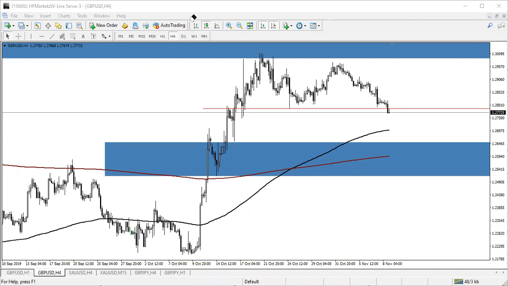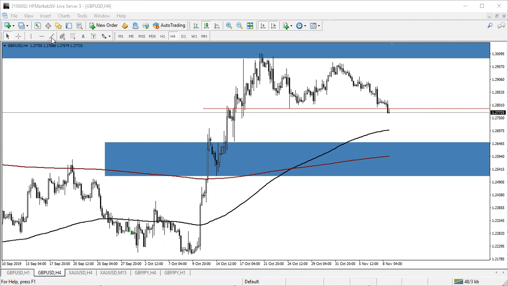The last 2 4-hour candles closed as a strong bearish candle. So I expect a gap to the upside, then a continuous sell.